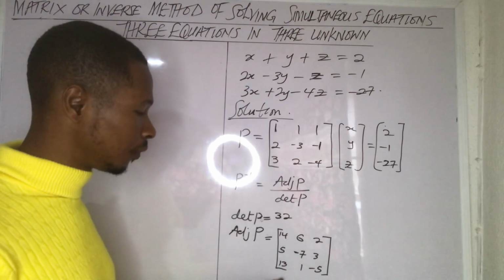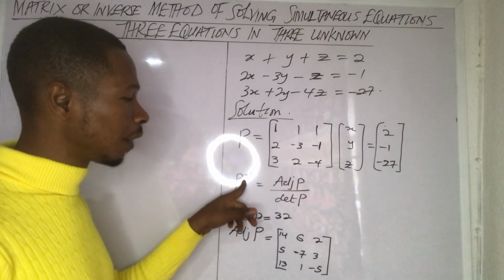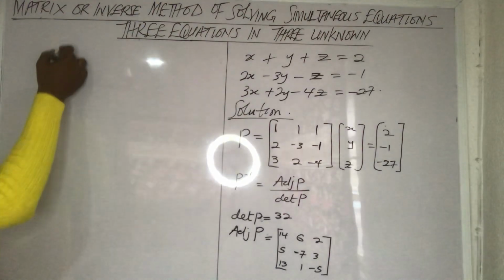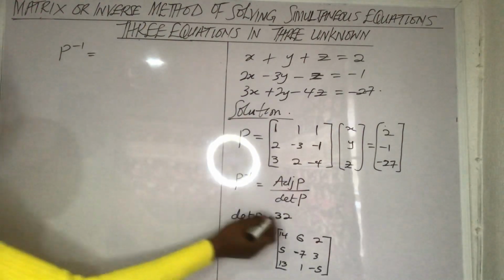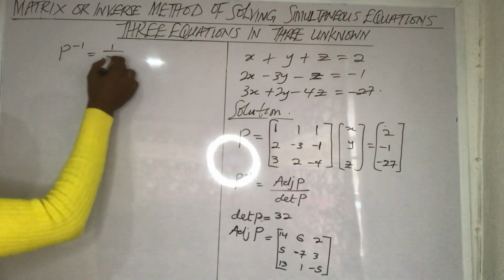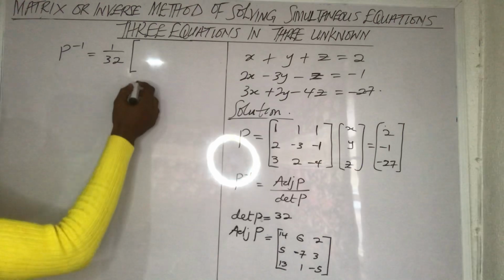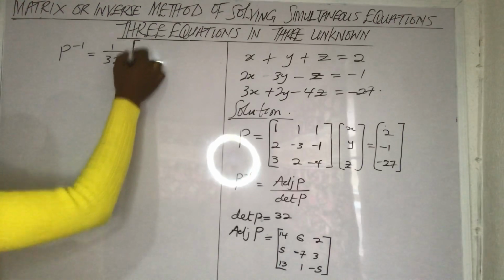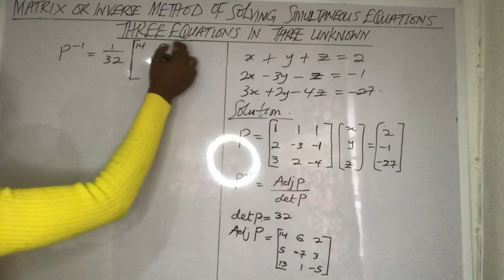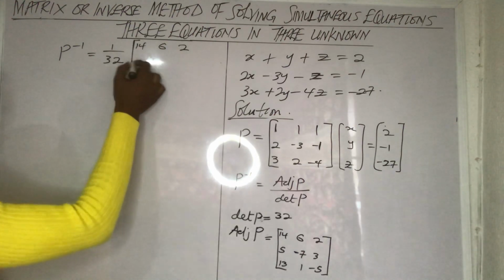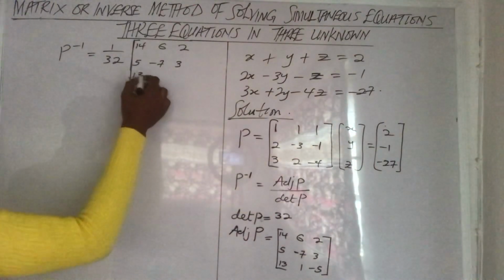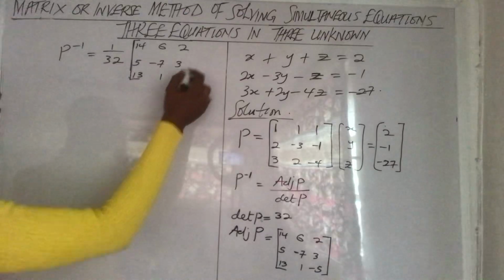Then if I proceed from here now, the inverse will be adjoint over determinant. That is my P inverse now, which is the adjoint, this one, over the determinant. That will be 1 over 32 times the matrix itself, which is the adjoint: 14, 6, 2, 5, minus 7, 3, 13, 1, minus 5.